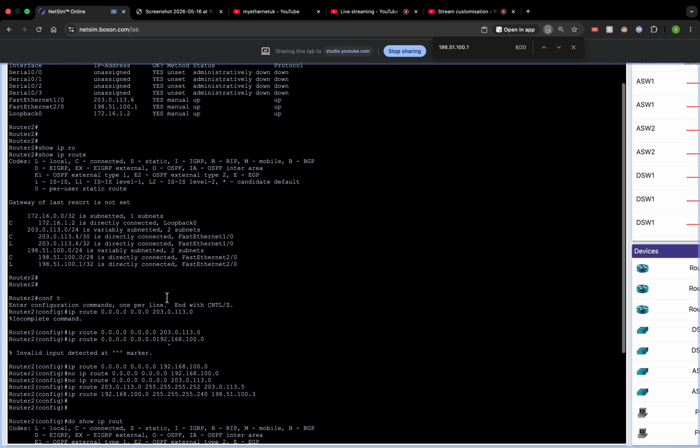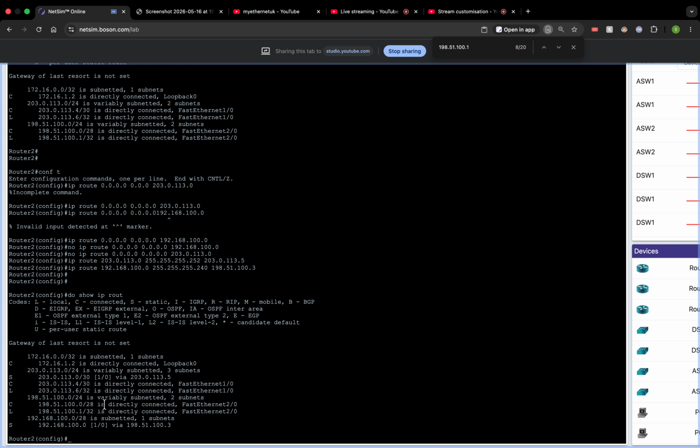If we do end, show IP route, you should see a static route sending traffic to 203.0.113.6, which is router 2's FastEthernet 0/1 interface.